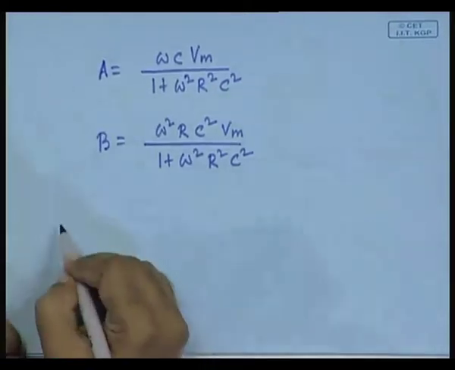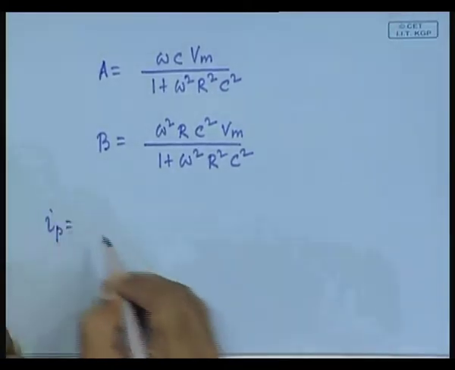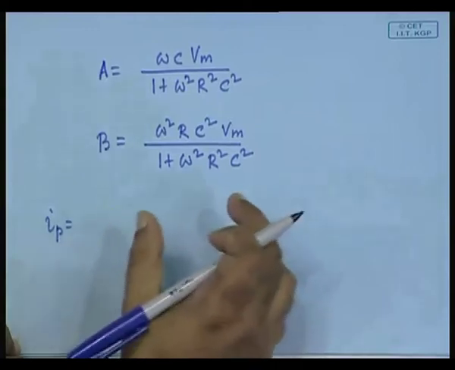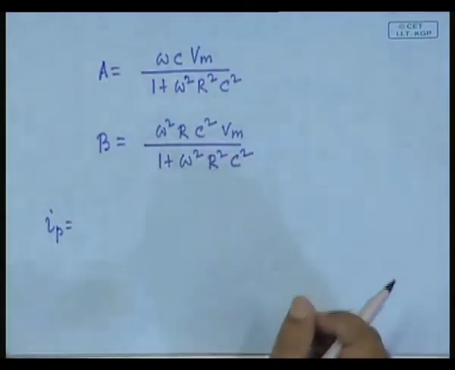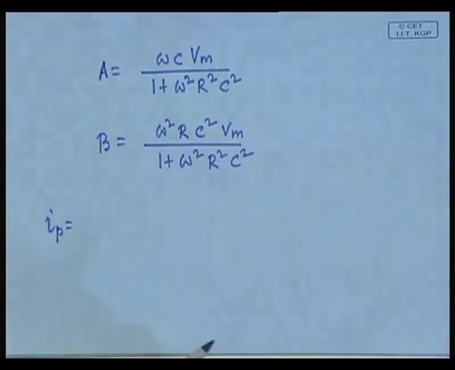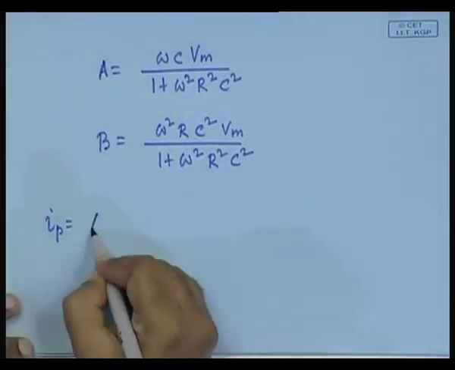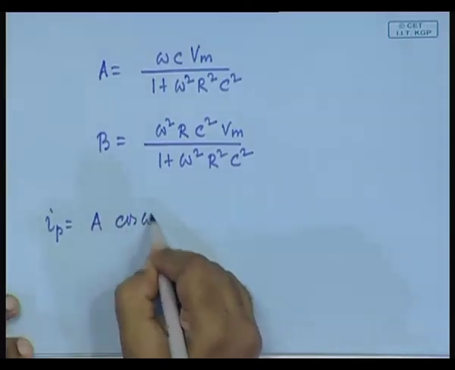So, your solution Ip is this cos omega t, this sin omega t, that is it, fine. So, A cos omega t plus B sin omega t.